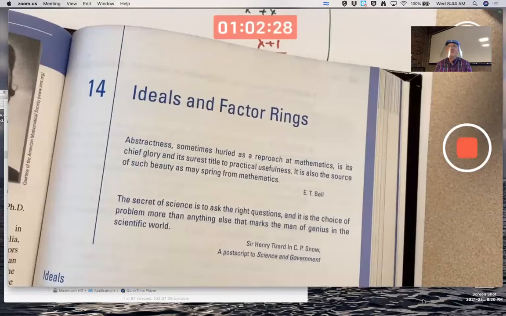Thinking about factor rings, where the elements are cosets, is going to help us construct more examples of finite fields. And those more examples of finite fields will help us in our quest to do factorization of polynomials. That is our main thing that we're aiming at here. That's why I spent so much time today on polynomial rings.